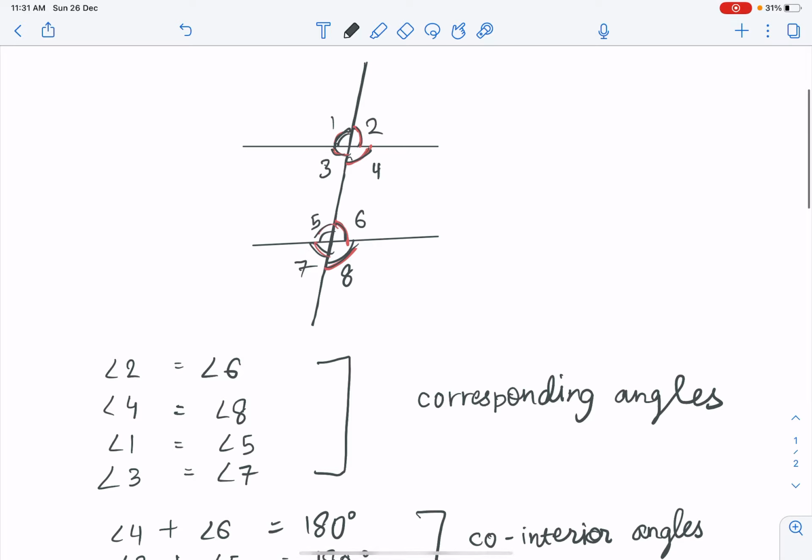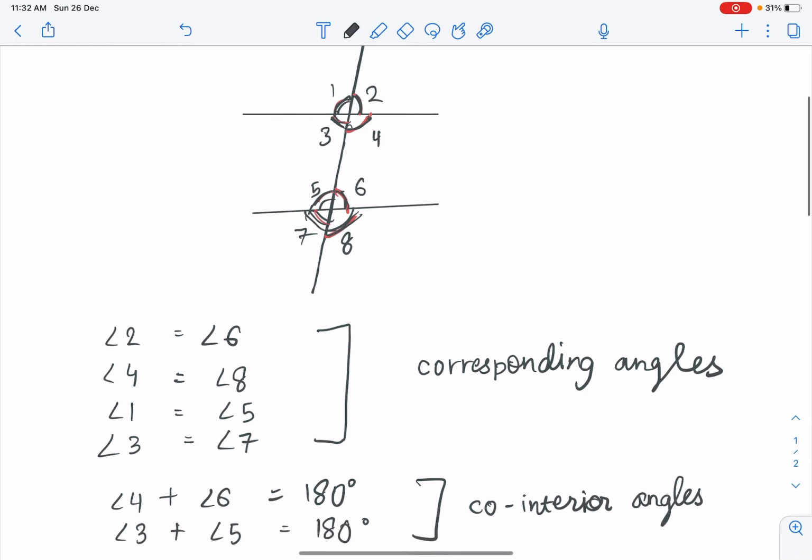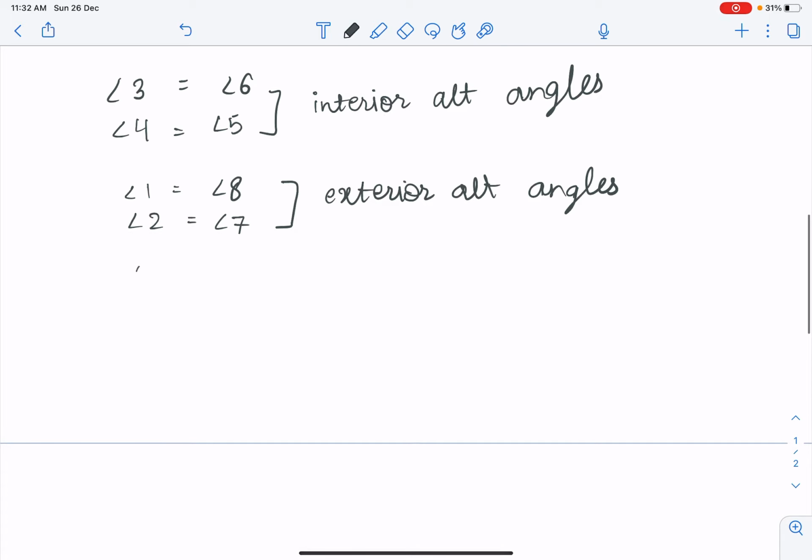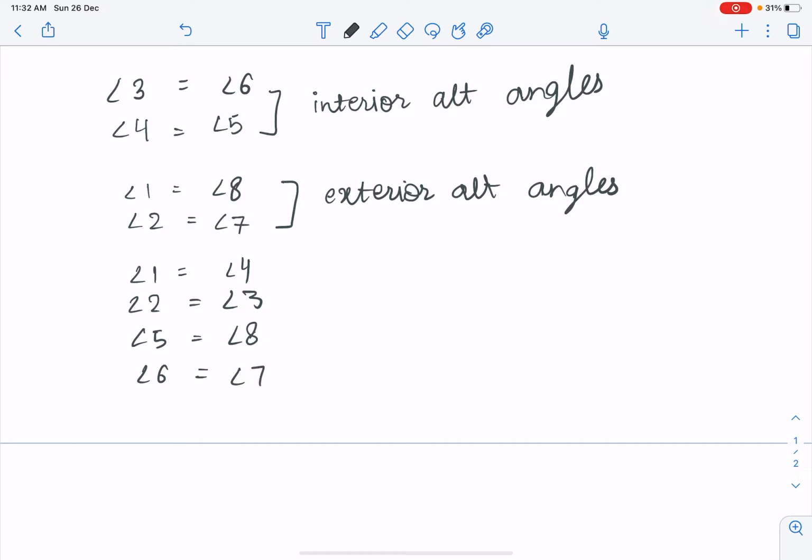Right. Now we have one more type of angle. Angle 1 equal to angle 4, angle 2 equal to angle 3 because of vertically opposite. Same thing you will do here. Angle 5 equal to angle 8, angle 6 equal to angle 7. Let us write it. Angle 1 equal to angle 4, angle 2 equal to angle 3, angle 5 equal to angle 8 and angle 6 equal to angle 7. Why?